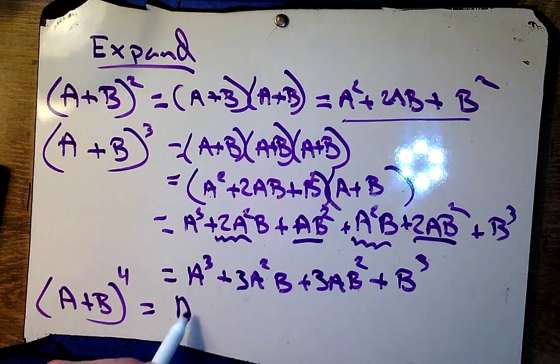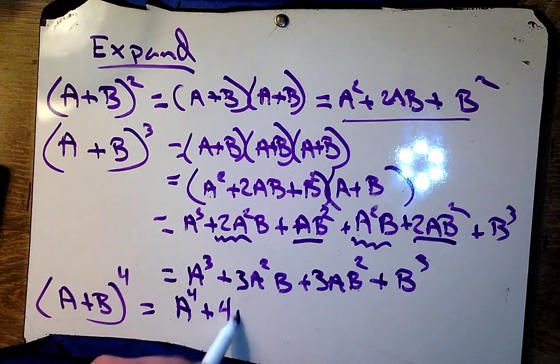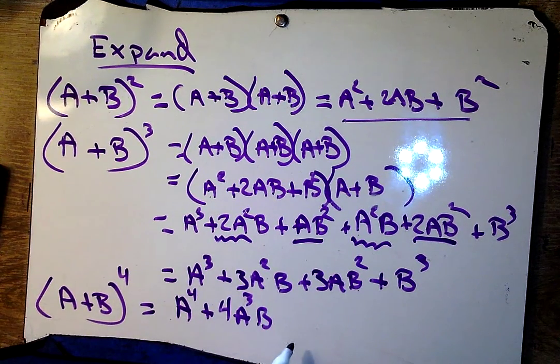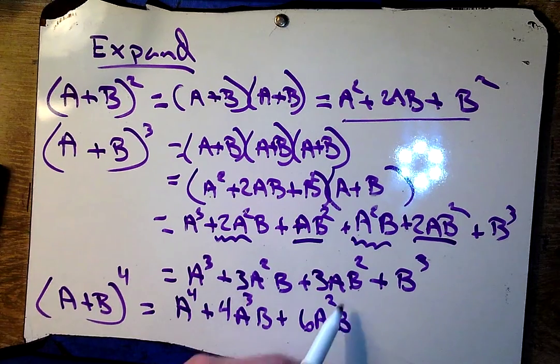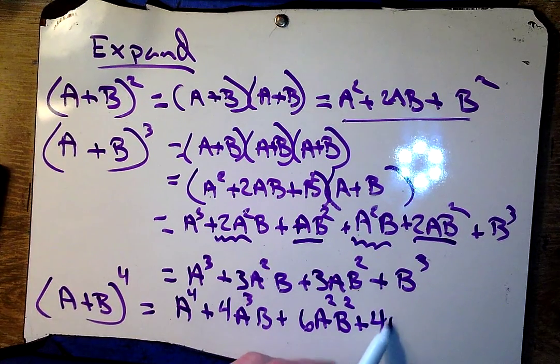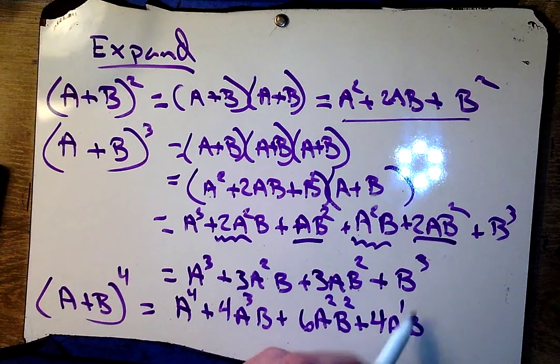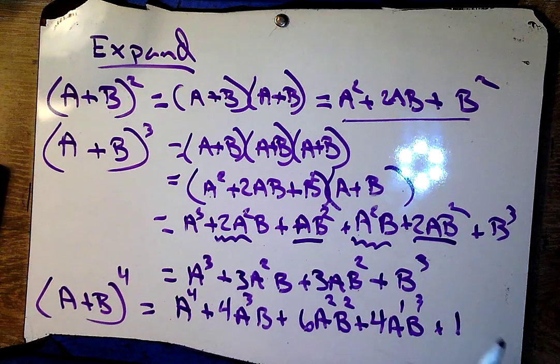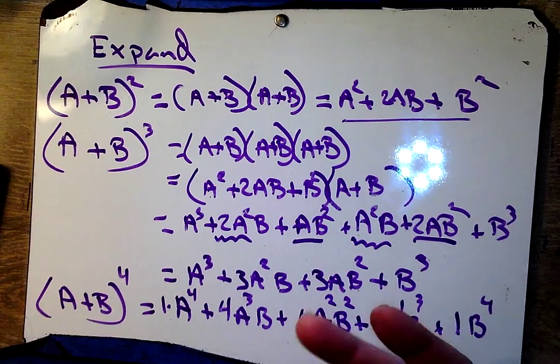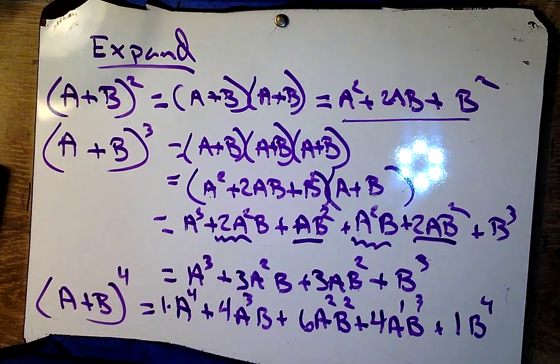Well, I would like a to the fourth plus 4 a to the third b plus 6 a to the second b to the second plus 4 a to the first b to the third plus 1 times b to the fourth. I guess I put a 1 there too. Oh, I did that expansion without doing any foiling. How did I do that?